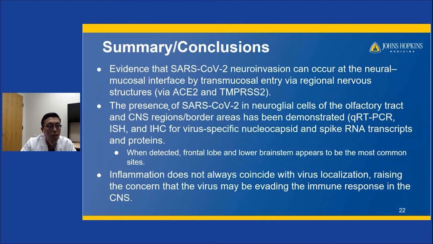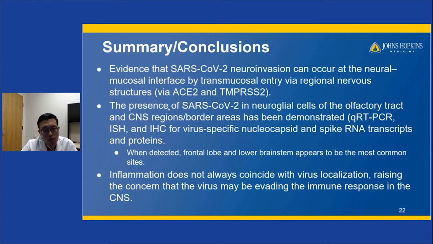In summary, there is evidence that SARS-CoV-2 neuroinvasion can occur at the neuromucosal interface by transmucosal entry via regional nervous structures. And we talked about ACE2 and TMPRSS2 receptors.